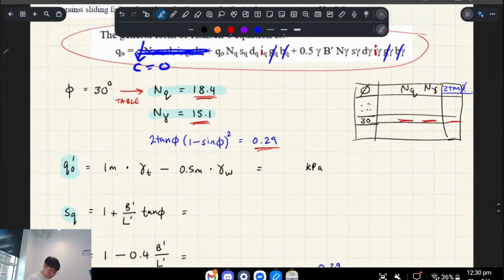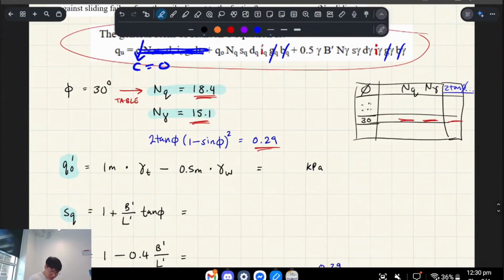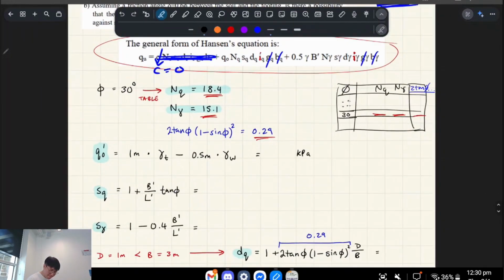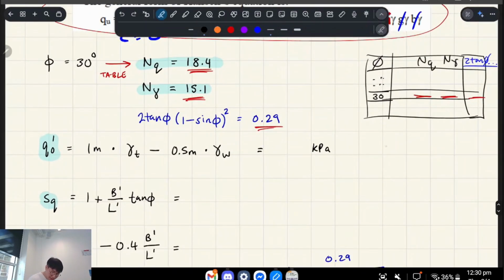So what we're going to do is, here what I've done is I've taken the entire thing. I'm going to draw this out. Okay, so I've taken 1 meter of just unit weight, right?